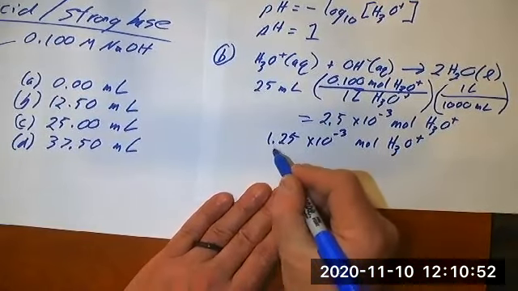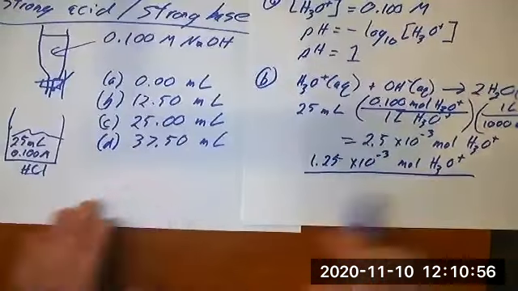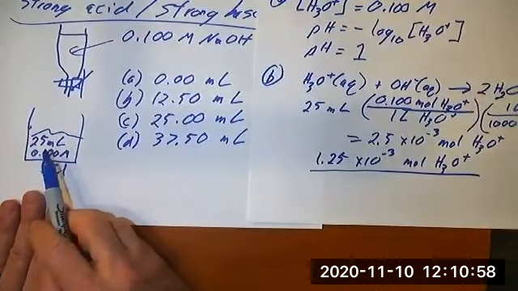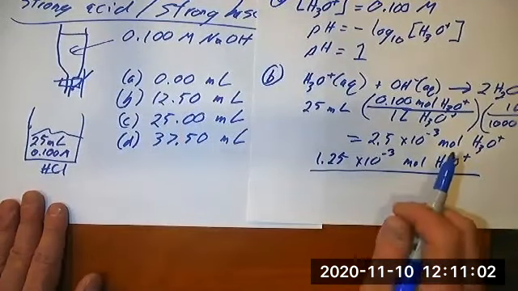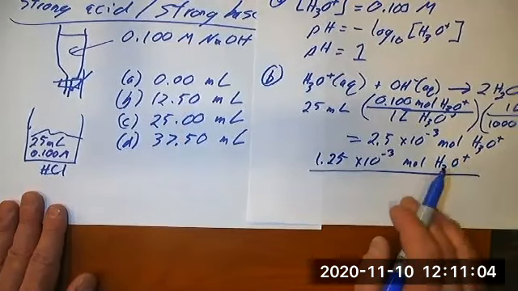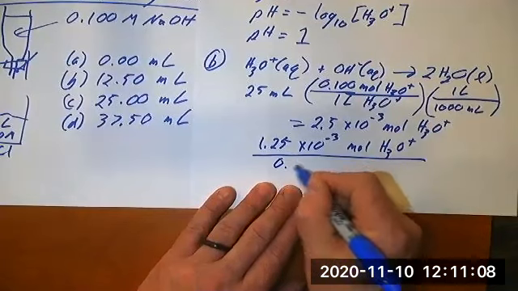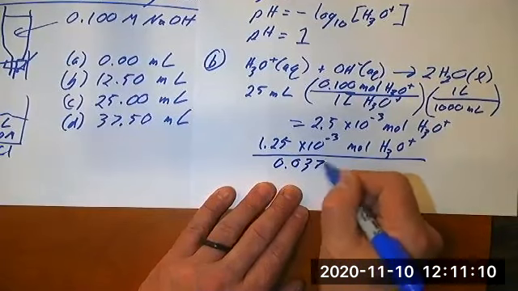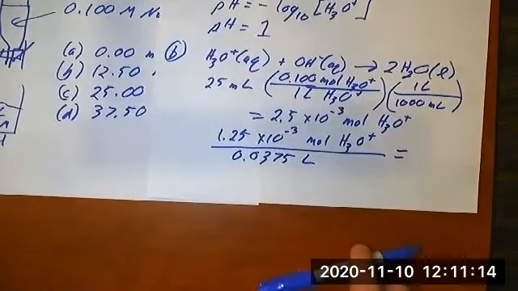We want this to be a concentration, so we are going to divide by our volume, which at this point now is going to be 25 milliliters plus 12.5 milliliters, or 37.5 milliliters. 37.5 milliliters is 0.0375 liters.